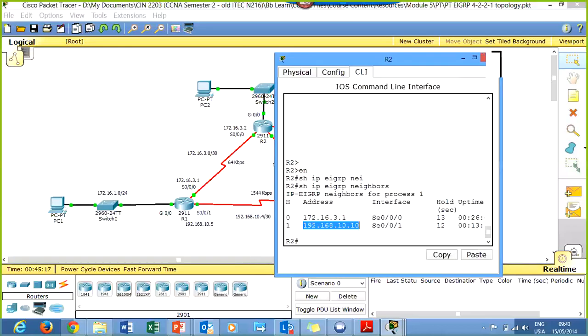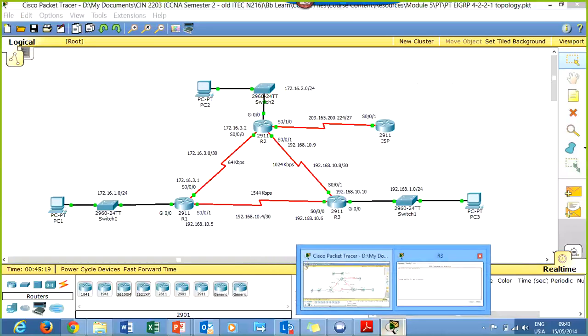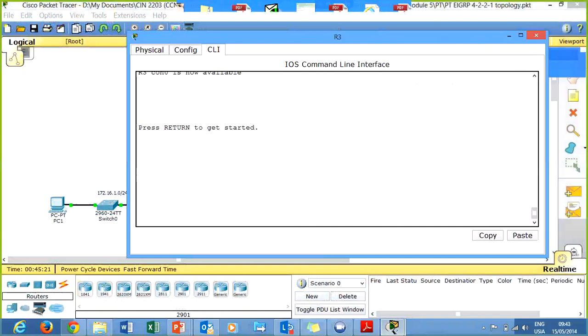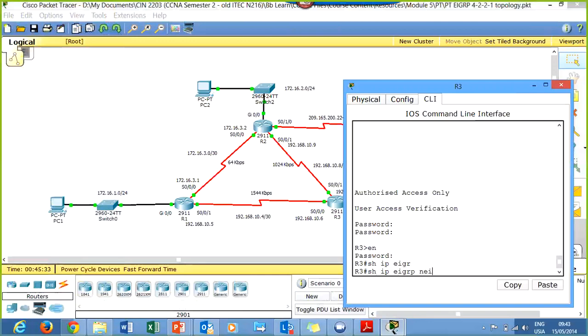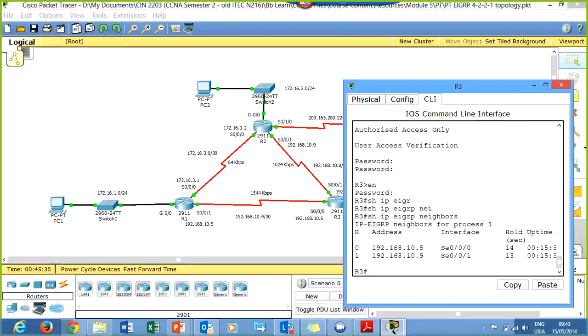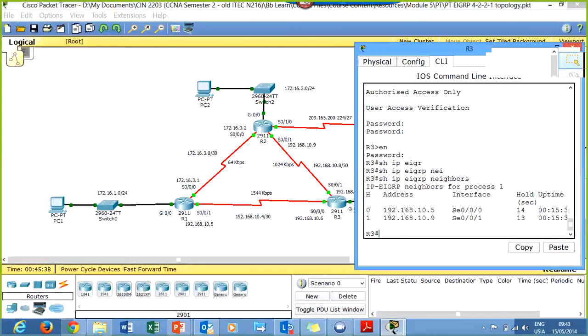Now if I go to R3, okay, class, show IP EIGRP neighbors. Now see what R3 says. I have neighbor 10.5, which is this one, and 10.9, which is R2. Can you see that? So each of them has two neighbors.